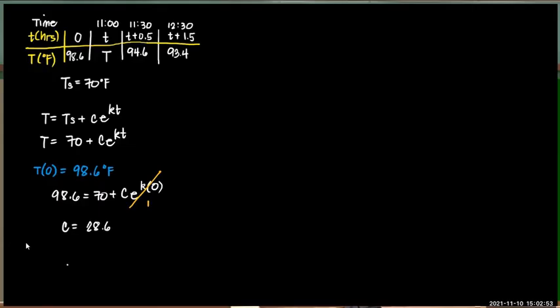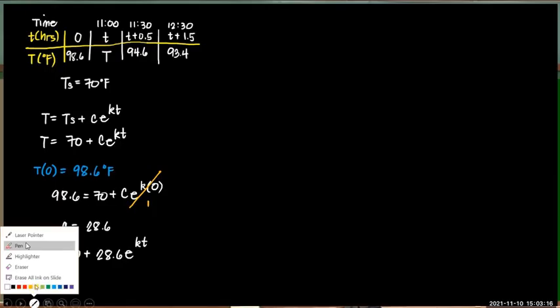Therefore, I already have the equation, but then I don't know the k yet. So T is equal to 70 plus 28.6 e to the kt. All right. So maybe we can use the two equations already.